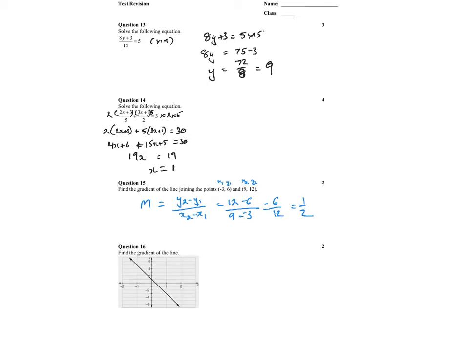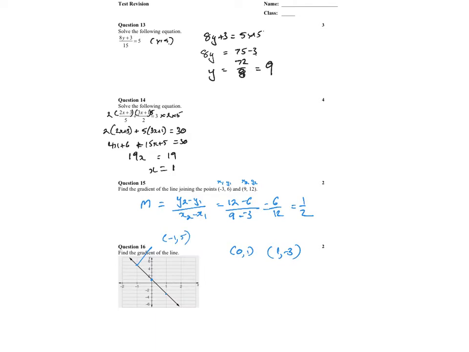To find the gradient of this line, well, let's pick some points that the line goes through. I'm going to pick that point there and that point there. So the points are (0, 1) and what's that other point? (1, -3). Possibly we could have picked this one up here, which looks like (-1, 5).